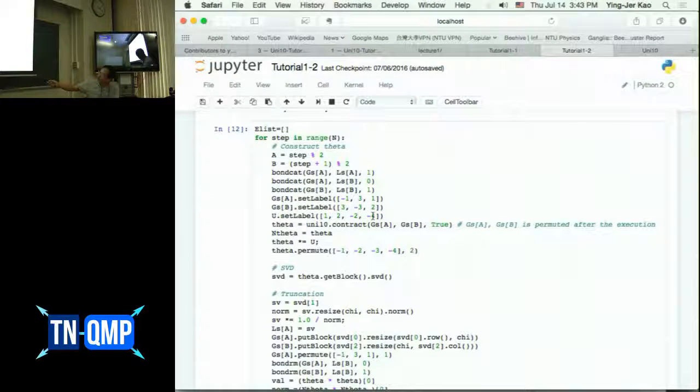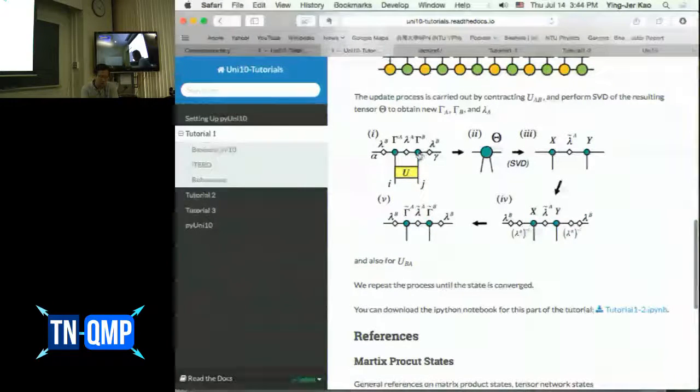So I do it iteratively. So I choose A and B tensors alternately. And I get all these bonds and set labels so that I can contract with my unitary time evolution operator, and then with all this I just contract them. So this basically just says you put this together and contract them.